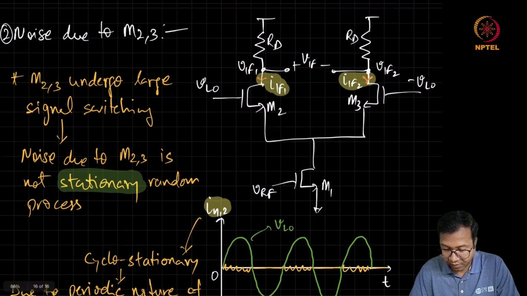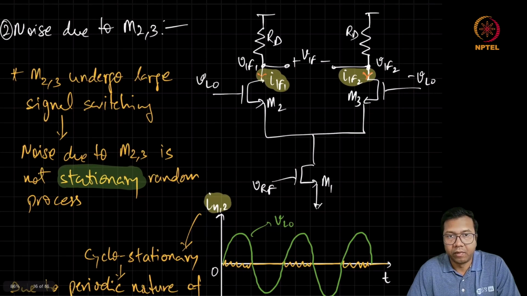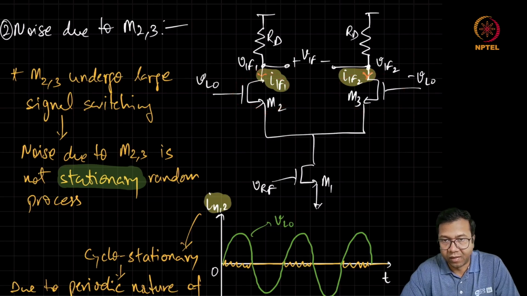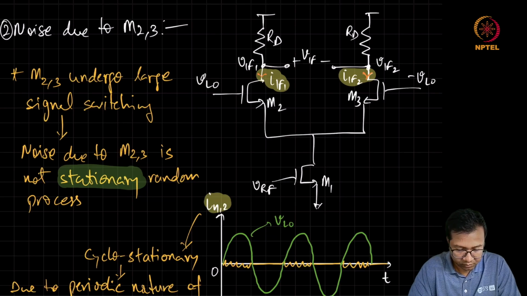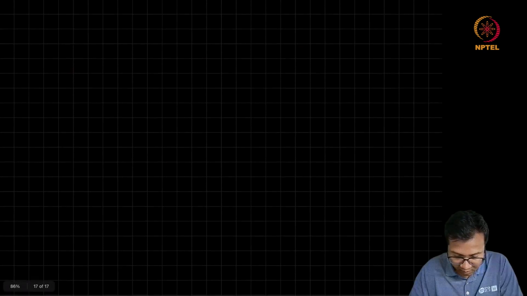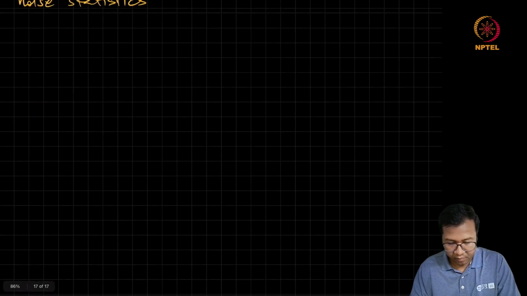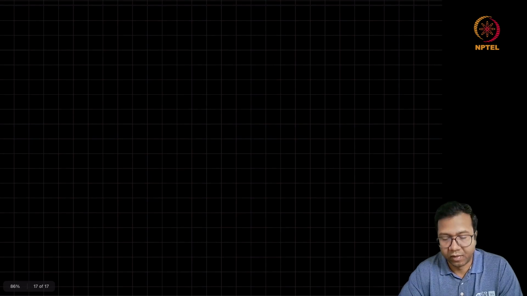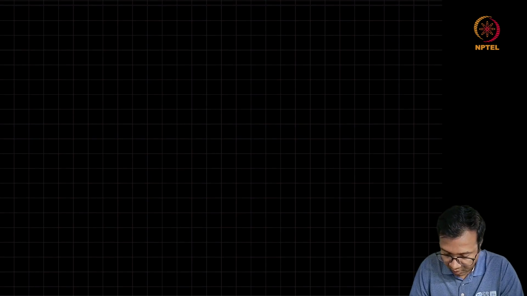So this makes the understanding of the noise more involved, because now we need to be careful of what is the region of operation of M2 and M3 when we are trying to understand its noise contribution. To simplify the analysis, we will split the region of operation into three parts.